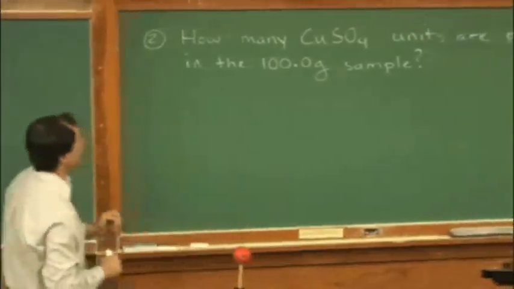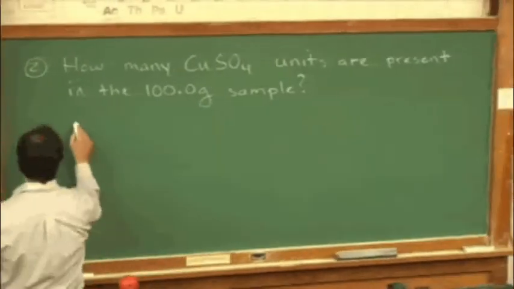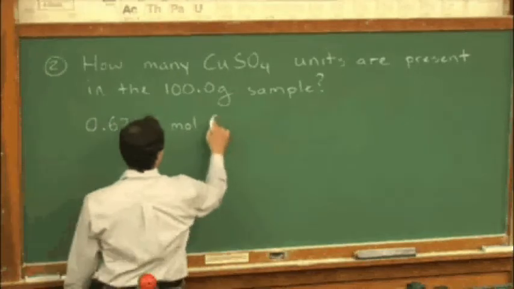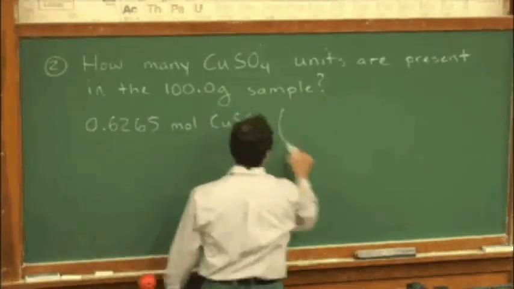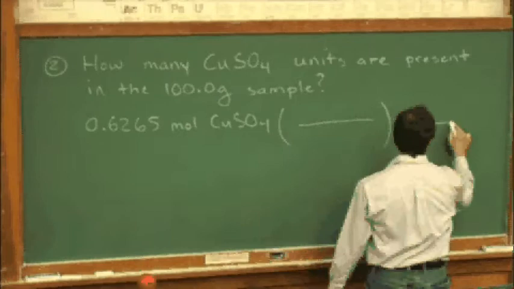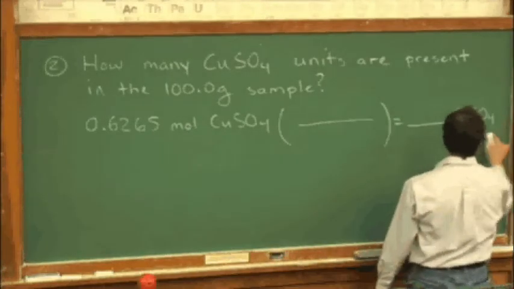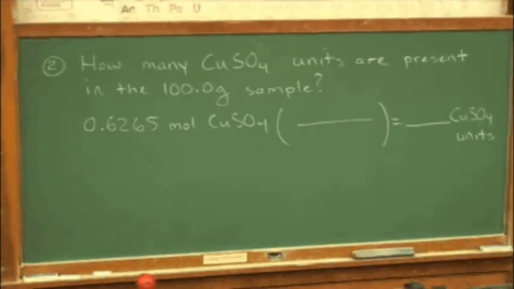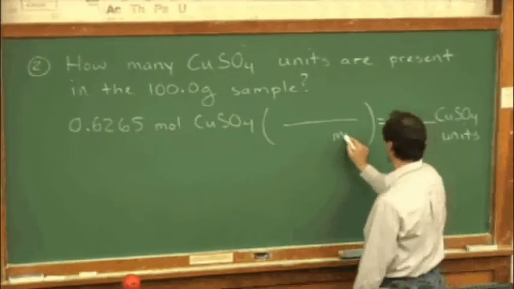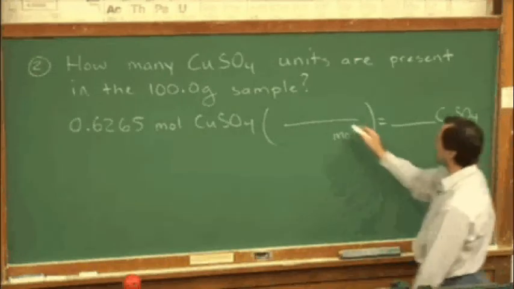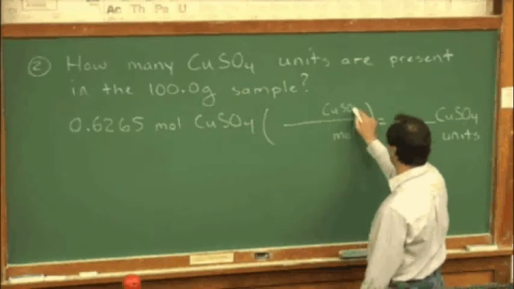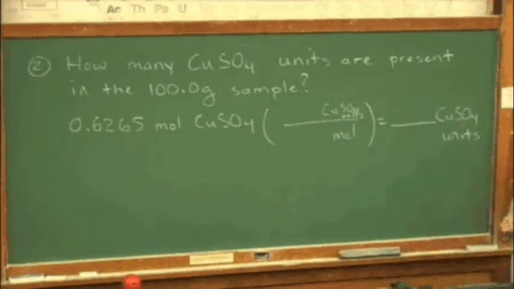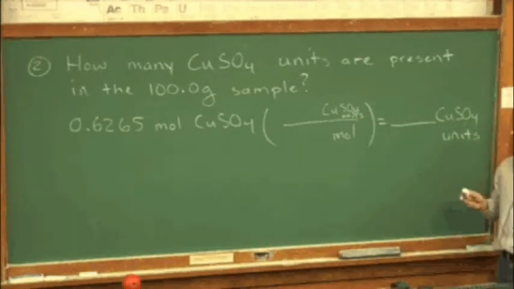Well, in the previous problem, we just calculated that there are 0.6265 moles of copper sulfate present. We need a conversion factor to go to copper sulfate units that are present inside the sample. Well, on the bottom we need moles, and on the top we need copper sulfate units.